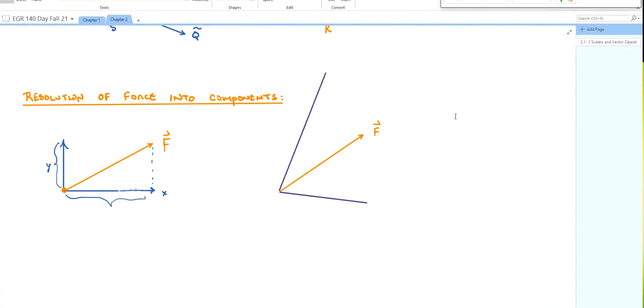For example, suppose we want to resolve the force into two components in the direction of the purple lines. They're not necessarily perpendicular. Well, what we could do is create this situation.